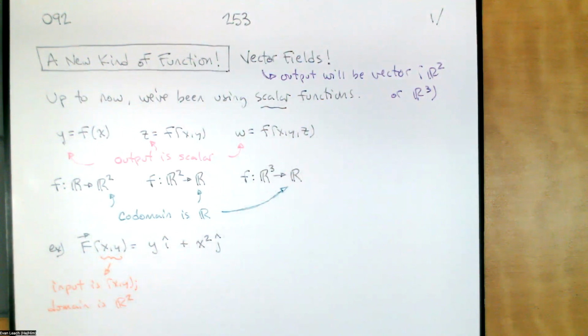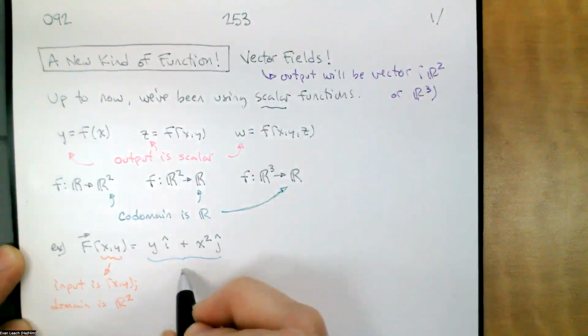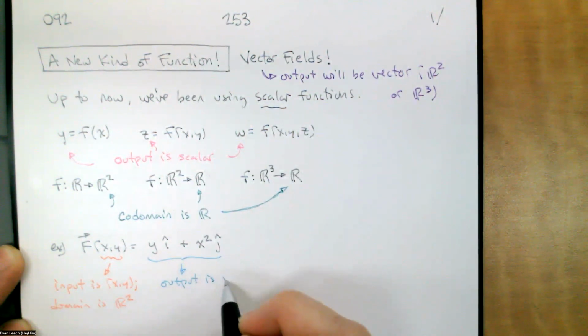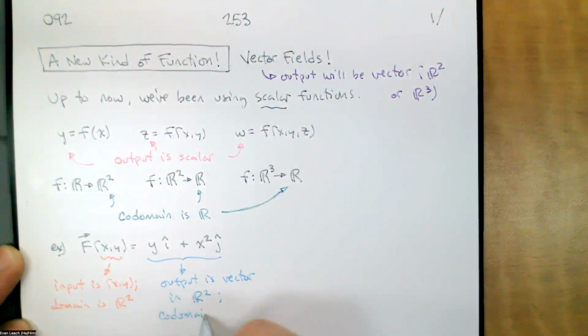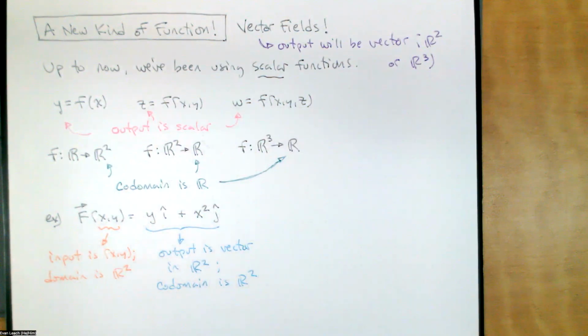But our output is yi plus x squared j. Our output is a vector. So our codomain is also R2.